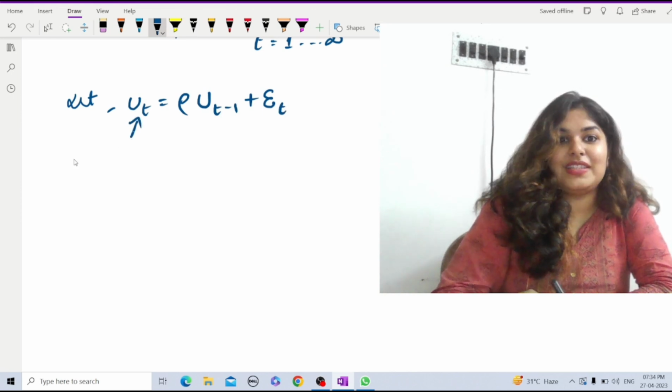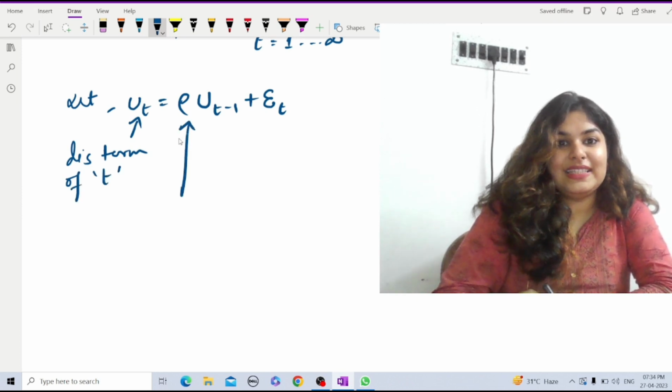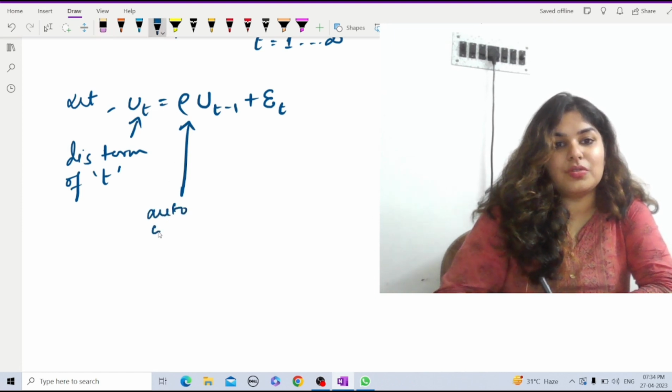Okay, so this is the disturbance term of period t. This is the autocorrelation coefficient.